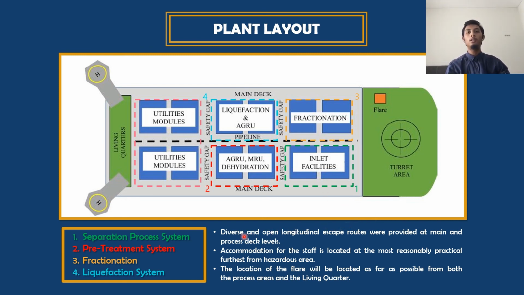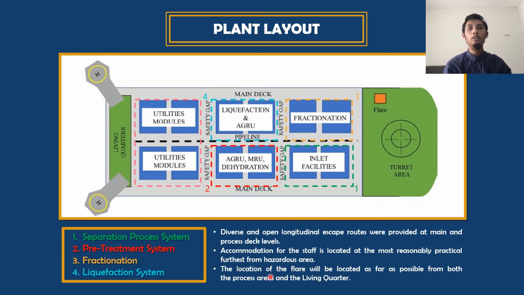As you can see, we have diverse and open longitudinal escape routes at the side of the facility, and we have an additional central corridor at the process deck. And then the accommodation for the staff, or the living quarters, will be located far away from the process area, because it would be too dangerous for the staff to live near the process area.